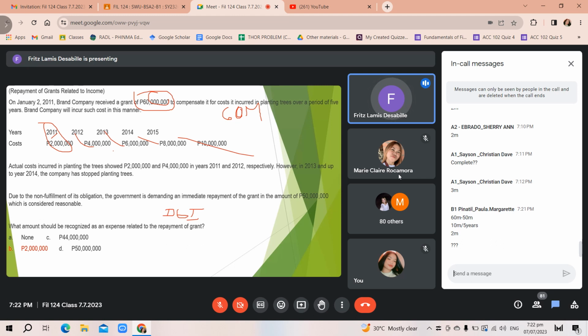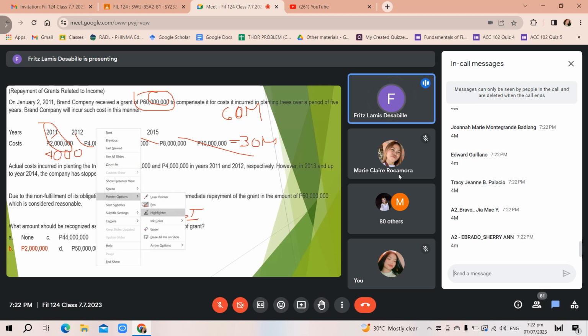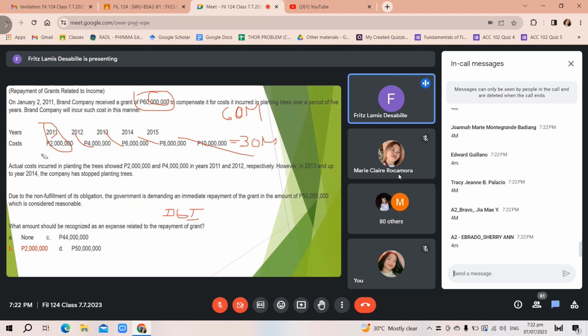Kung nag-incur ta og 2 million out of the total 30 million, so that is 2 over 30 multiplied by 60 million, we will be getting 4 million. Diba ang i-income nato sa 2011 kay 4 million? So entry nato ani kay debit deferred grant income. Since ni-debit nato si deferred grant income, mag-minus ni siya. So credit grant income, 4 million.